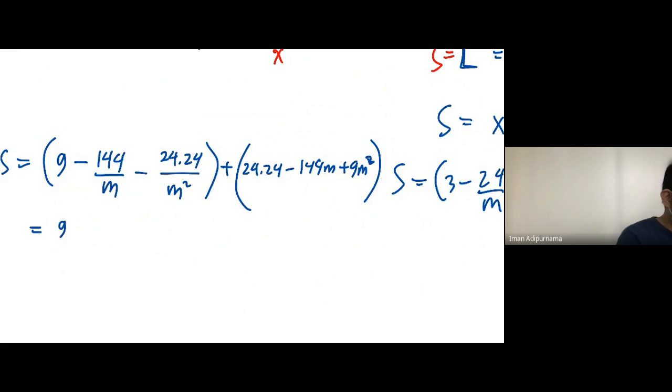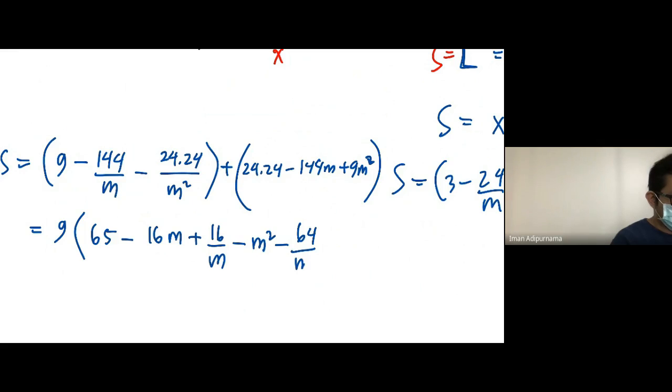This should take the form of a function: 16m plus 16 over m minus m squared minus 64 over m squared.